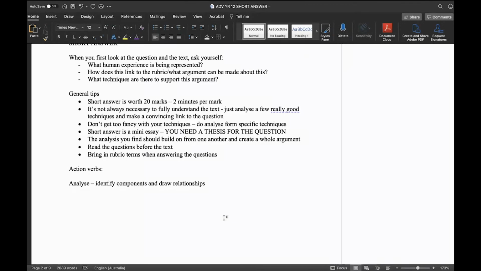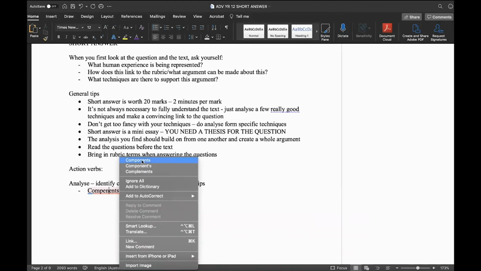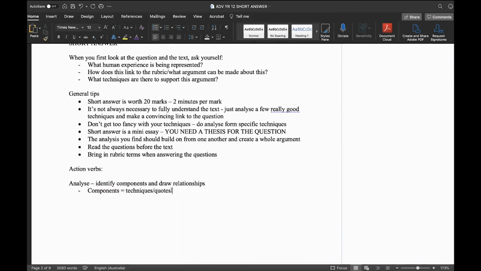What this means is you're looking at the components, which are your techniques. So your techniques and your quotes are your components. And then from that, your relationship is the connection to the question and the rubric.